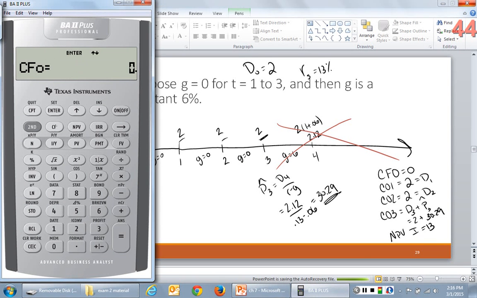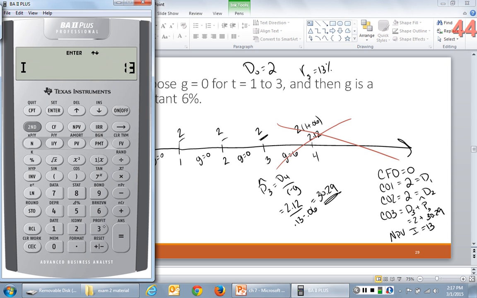So we want to push the cash flow button. We need to clear that out. We push second and clear work. Cash flow at time period 0 is 0, so enter in the down arrow. Cash flow at time period 1 is $2. Enter, down arrow twice. Cash flow at time period 2 is $2. Enter, down arrow twice. And cash flow at time period 3 is $32.29. Enter. We now push the NPV button.